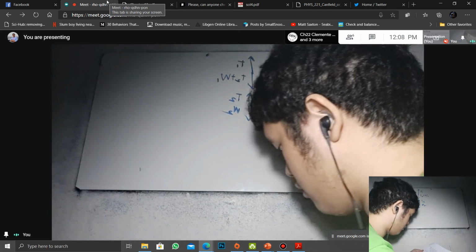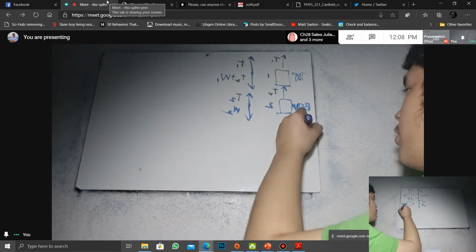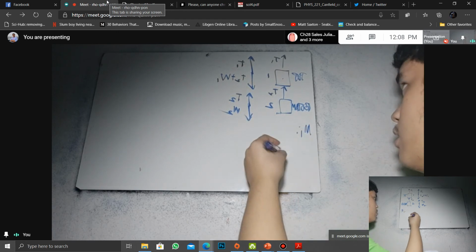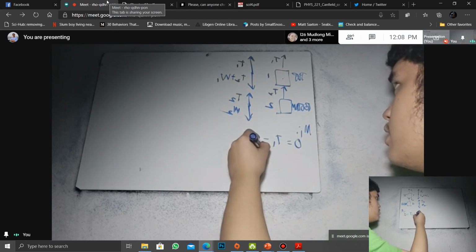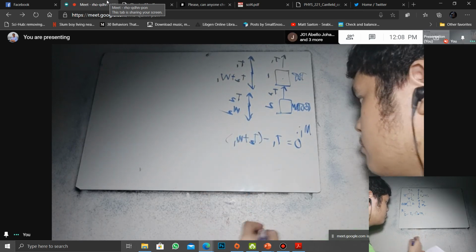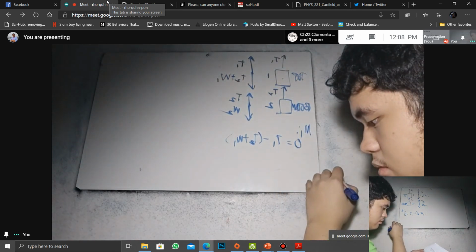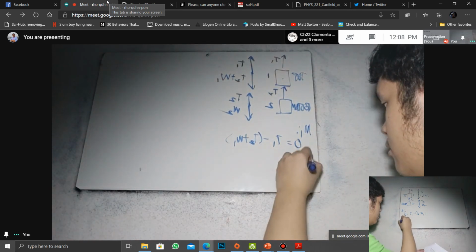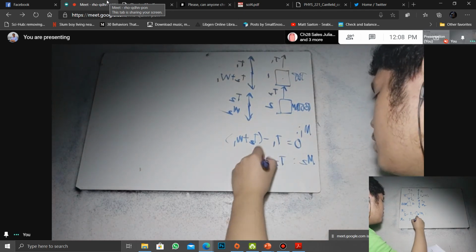So now, let's resolve the components. For the top, or for mass 1, 0 equals T1 minus T2 minus W1. For mass 2, T2 minus W2 equals 0.